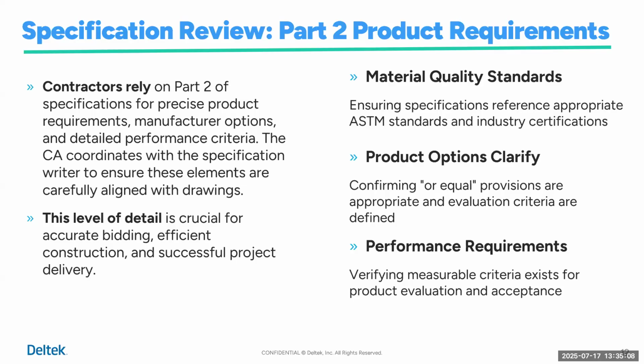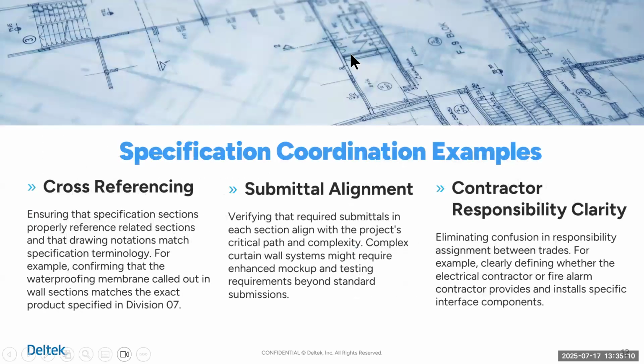Now, let's look at an example, a couple examples when it comes to specification coordinating. Cross-referencing: ensuring that specification sections properly reference related sections, and that drawing notations match specification terminology.